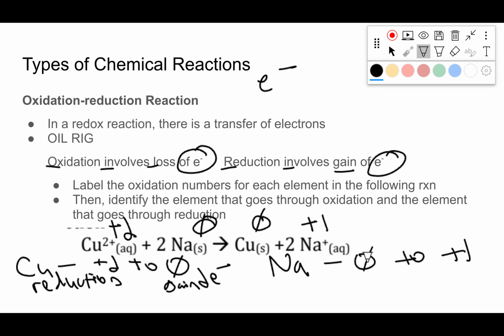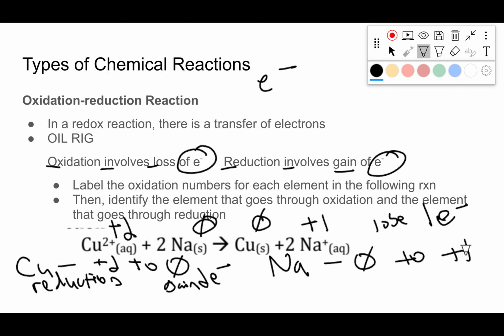Over here, sodium went to a positive 1. That means it had to lose 1 electron because it went from 0 to positive 1. In a neutral atom, it would have an equal number of protons and electrons. If you lose an electron, then you now have more protons in your nucleus than you have electrons.